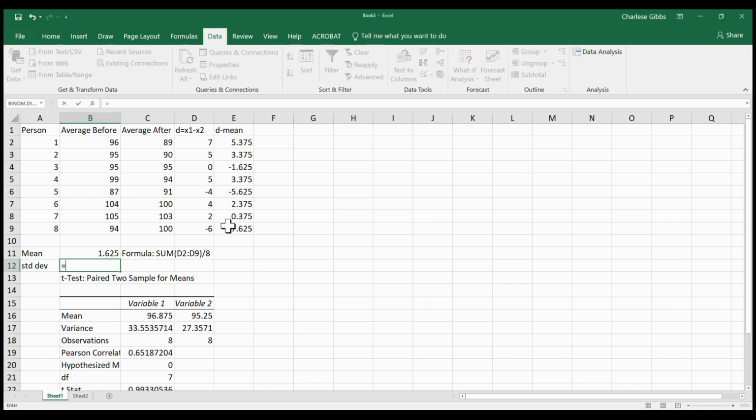So let's do that. The sum of the D minus mean squared, you're going to take that caret button to the second power and divide by 7.